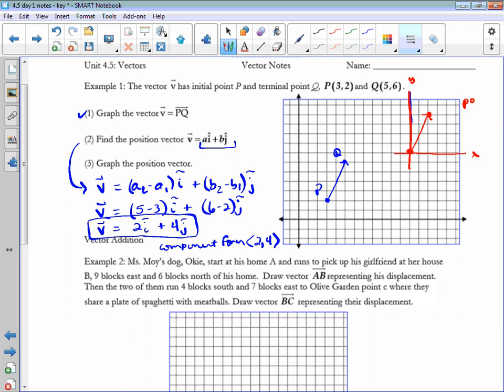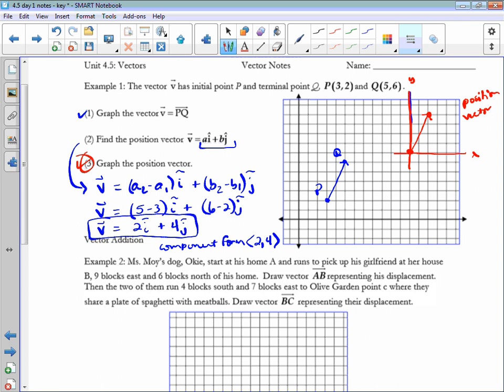That is the position vector. Do you guys see how they would be equivalent? They have the same magnitude, they have the same direction. You're just moving it to start from the origin instead of just starting randomly on the grid. Part 3 said graph the position vector, so you can do it on the big one.